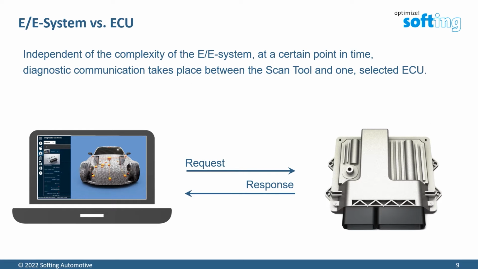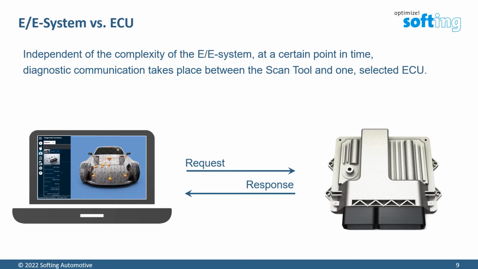But to be honest, the tester does not talk to the EE system. For example, the wiring or connectors, but also actuators and sensors are not able to answer diagnostic service requests. Independent of the complexity of the EE system, at a certain point in time, diagnostic communication takes place between the scan tool and one selected control unit.